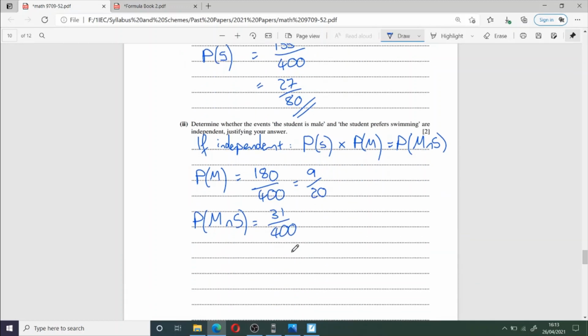Now let's work out if P of S times P of M gives us that answer. P of S times P of M equals 27 over 80 multiplied by 9 over 20.